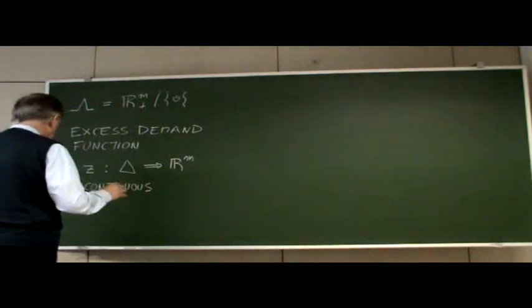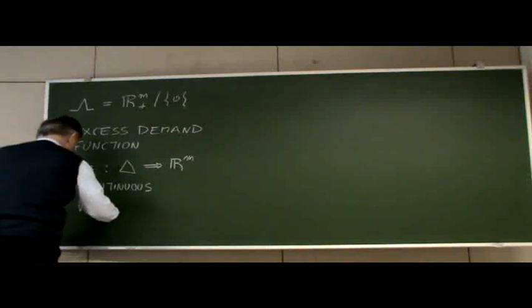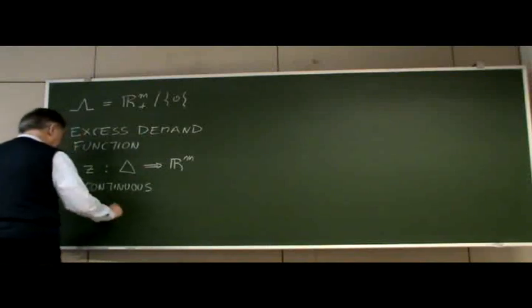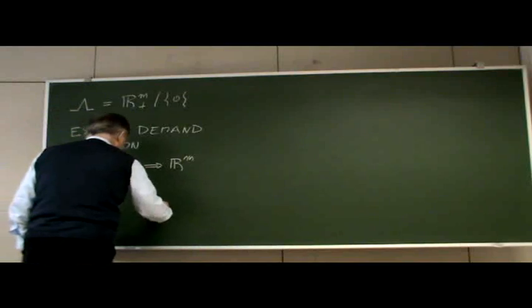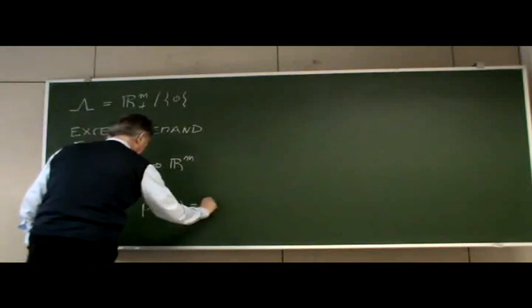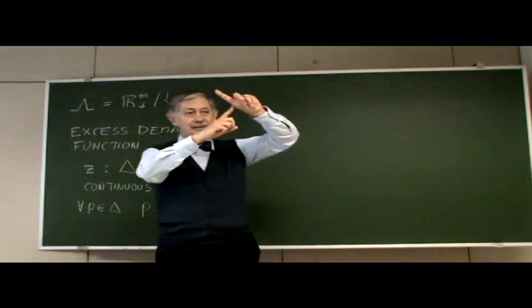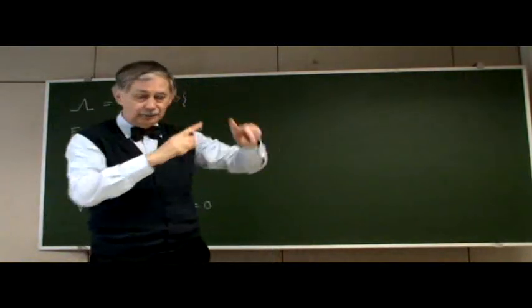Moreover, strict Walras' law holds. For every price system in delta, the inner product between p and z of p is equal to 0. In other terms, p and z of p are orthogonal.